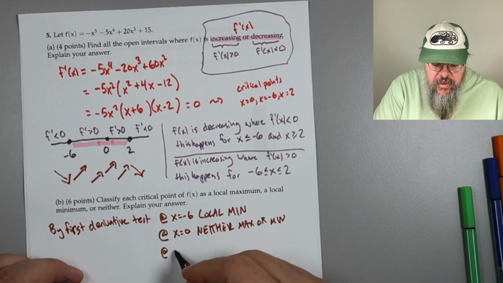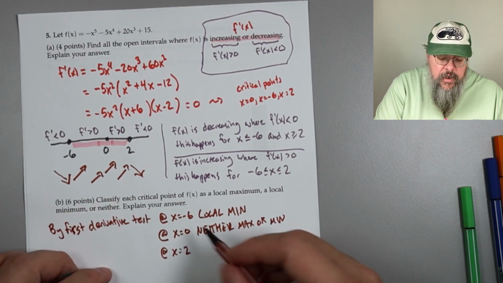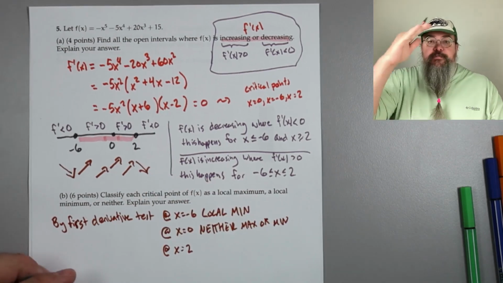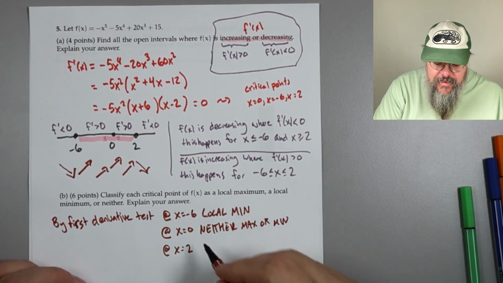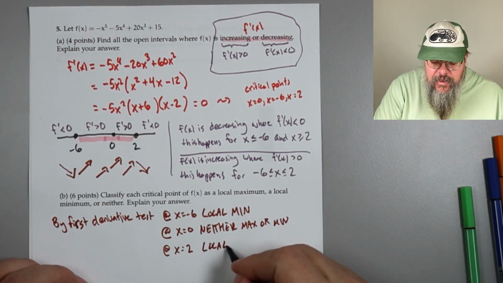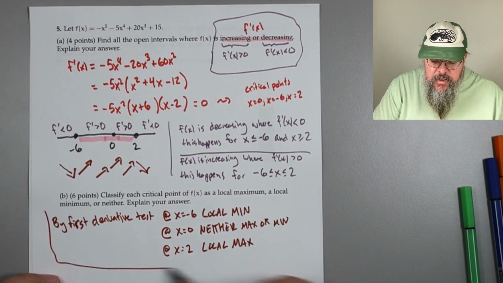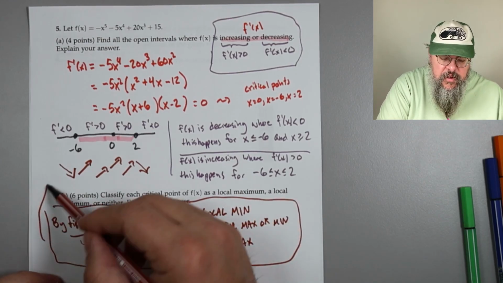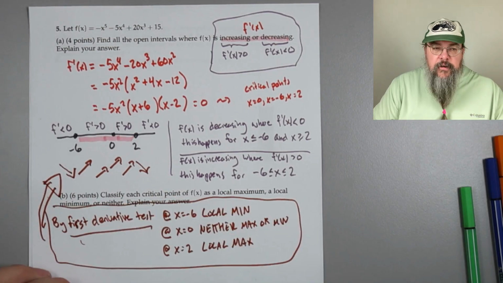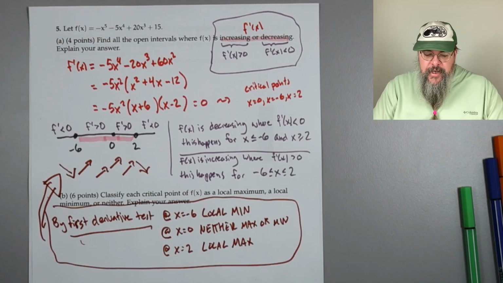And at x equals 2, well, what do we have? We're up then down. Up then down. What's that? Well, that is a local max. And there we go. So what's our explanation? First derivative test, and we'll even just point an arrow up there. All right, so, we've done it.